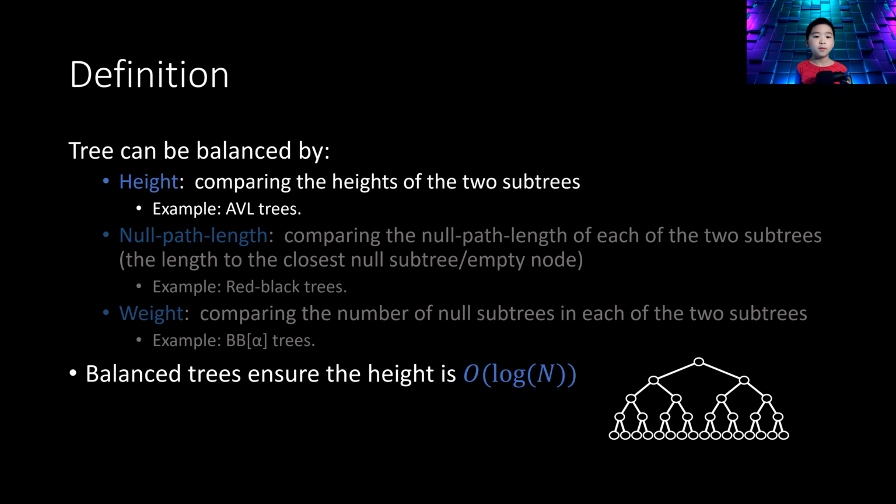Now let's formally define what makes a balanced tree. A tree can be balanced by a few different criteria. In this course, we only care about the first one, which is by comparing the height of the subtrees. More specifically, we'll talk about AVL trees. If the tree is balanced, such as this example, then moving down from the root at each level, the number of nodes will double.